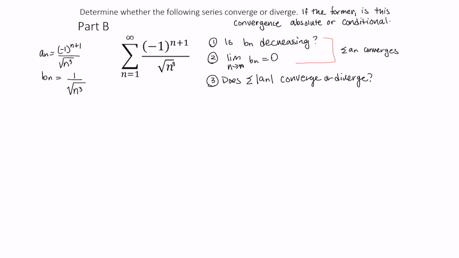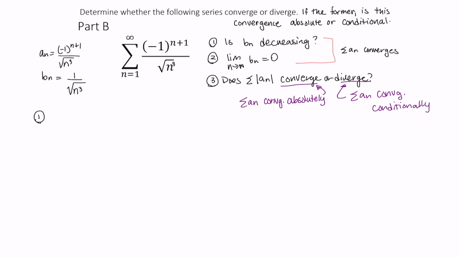Criteria 3 determines whether that convergence is absolute or conditional. If it converges, then the convergence is absolute. If it diverges, then our series converges conditionally. All right, so let's take a look at this.